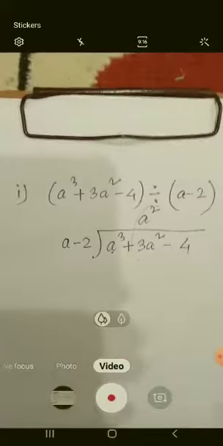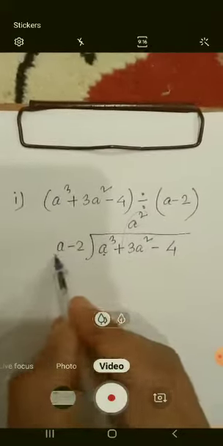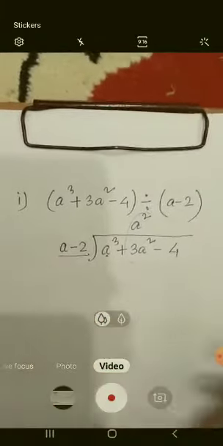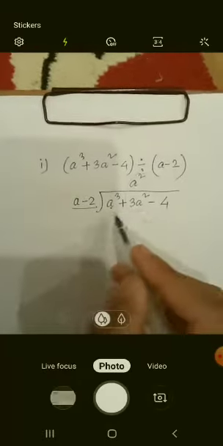Now the next step is to multiply this a square by each of these terms and place what you get directly underneath this polynomial.